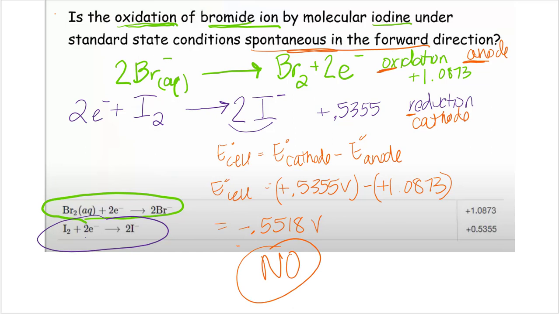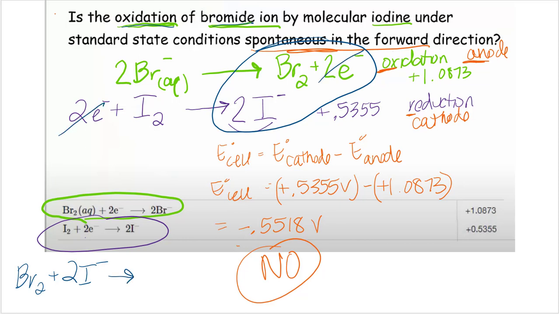Now, if we wanted to make it spontaneous, we would just flip this reaction around, and instead of bromine being oxidized, bromine would need to be reduced. So everything on my right side would need to be on the left. So we would have Br2 plus 2I minus. Again, remember in our final equation, we leave our electrons off, and they're 2 and 2, so perfect, to give us 2Br minus plus I2.